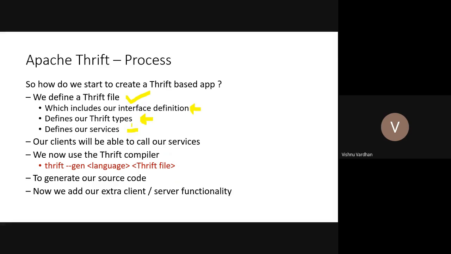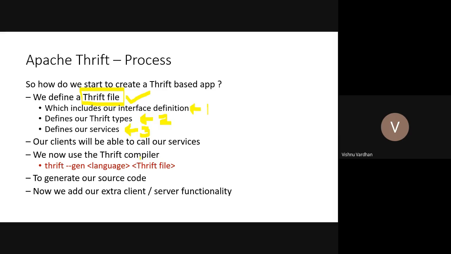Then you have to define our services also. So what will you do, based on how you write in a programming language, you have to provide interface definitions, data types, and also write the services. You prepare these three things and that is stored in the .thrift file. Then our clients will be able to call our services.